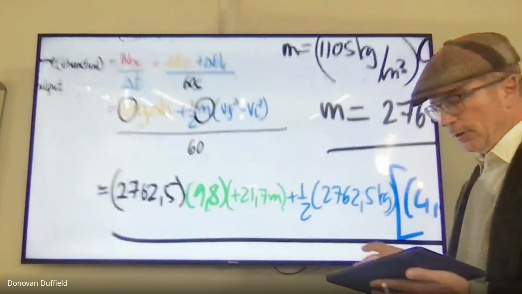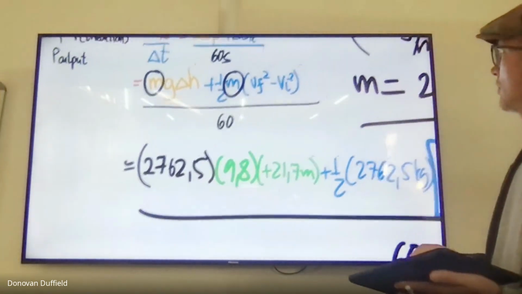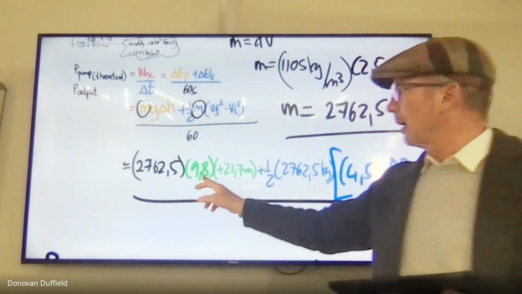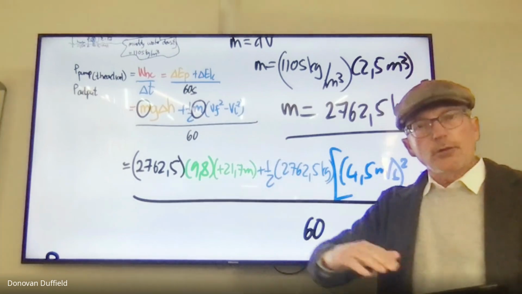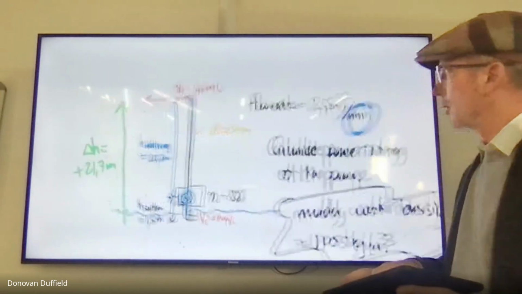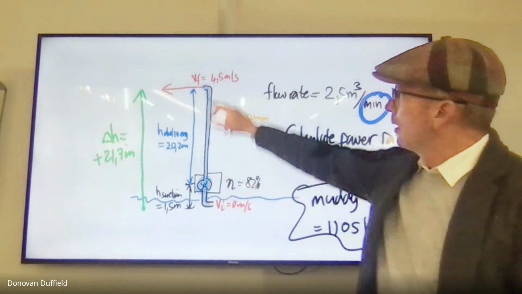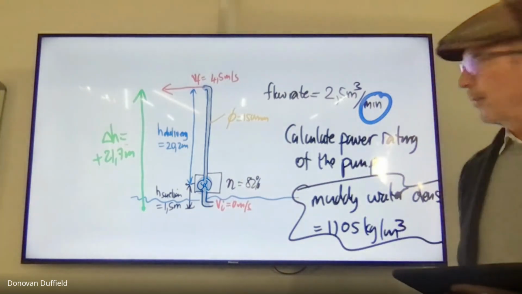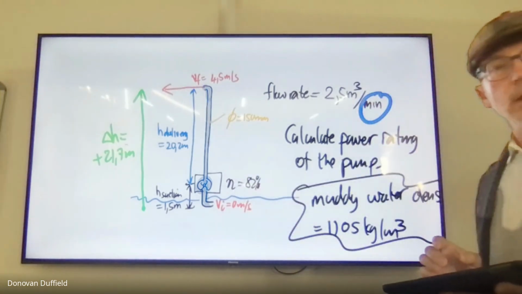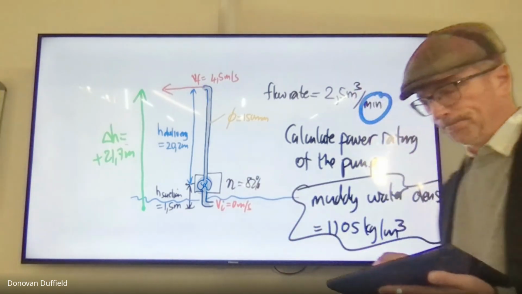So now substituting in there, we've got the 2,762.5 kilograms times 9.8 times the total delivery height of 21.7 meters. Remember, we're looking at the total height through which the water is pumped from the inlet to the outlet of the pumping system.